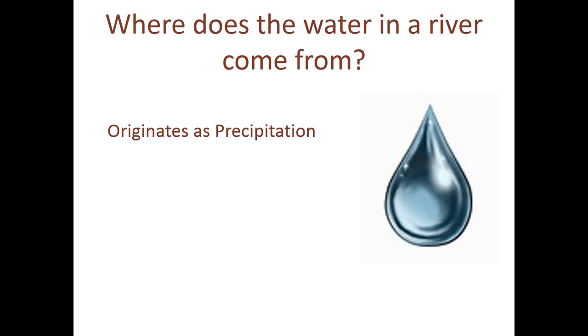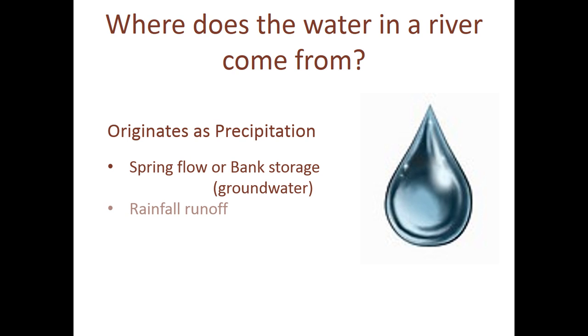But the water flowing in the stream could have come from any variety of sources. Sources could include springs, like groundwater discharge or water stored in banks. It could come directly from rainfall runoff. It could come from a tributary river, or more often than not, these days, it could come from wastewater discharge.